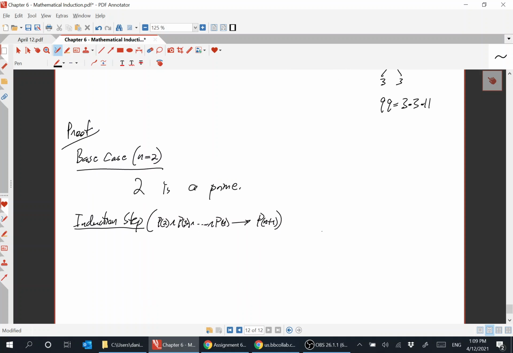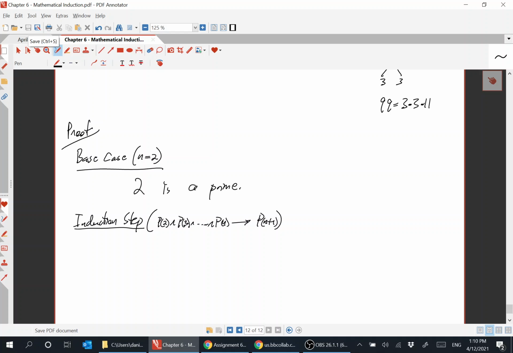The main challenge in applying the second principle of induction is how do I say the induction step? Notice that there's only one variable here, the n. But in order to say the induction step properly, you need to introduce another variable, k.